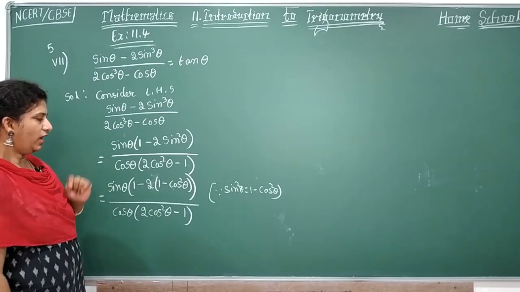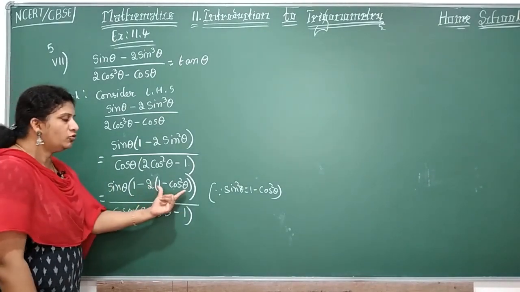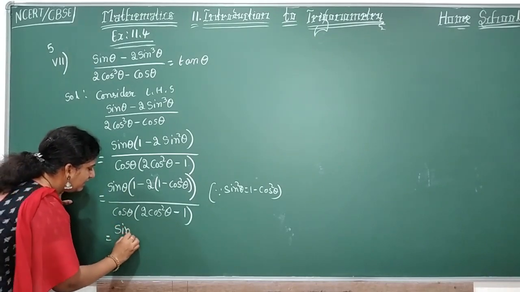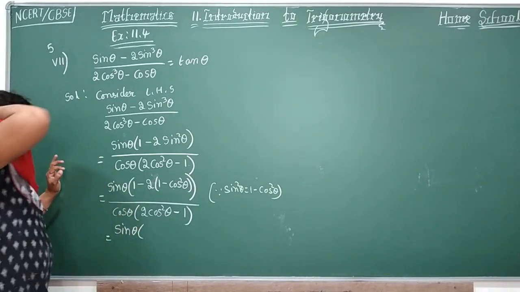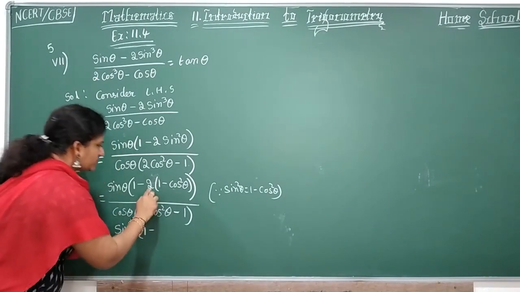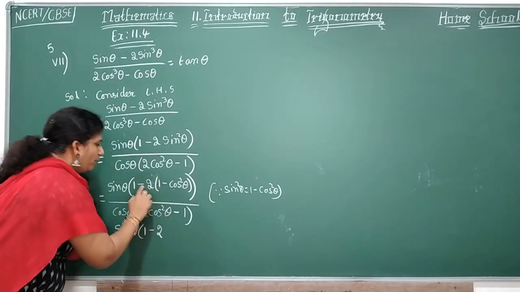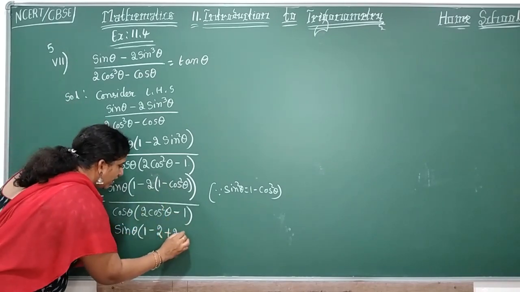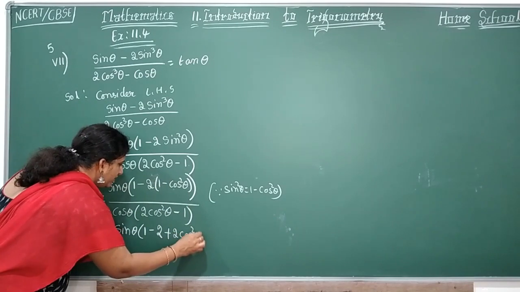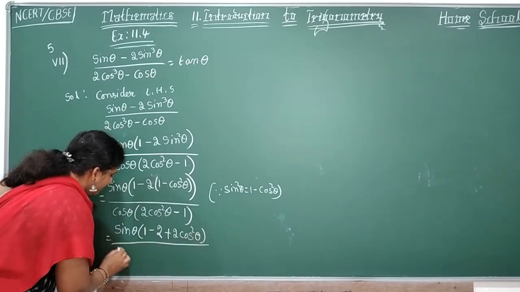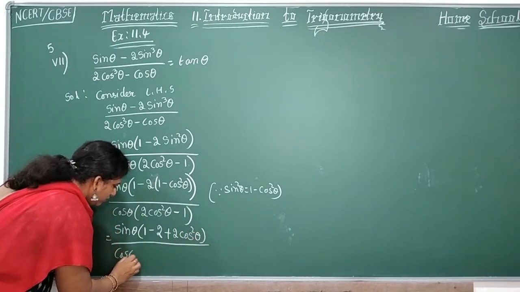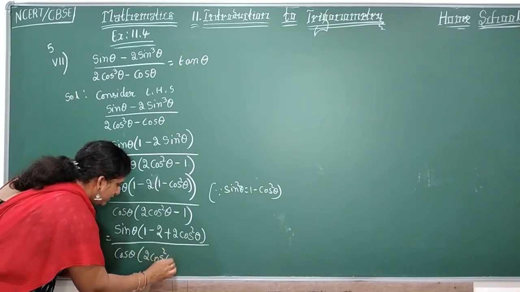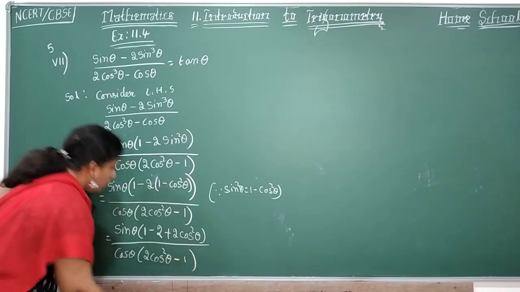Now what do I need to do here? Remove this from the brackets. So it will be sin theta into 1 minus 2 into 1 will be 2, minus into minus plus 2 into cos square theta, 2 cos square theta, whole divided by cos theta into 2 cos square theta minus 1.